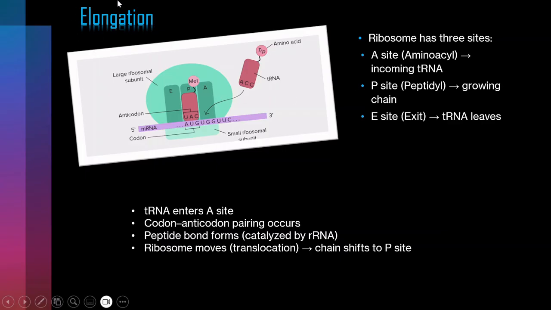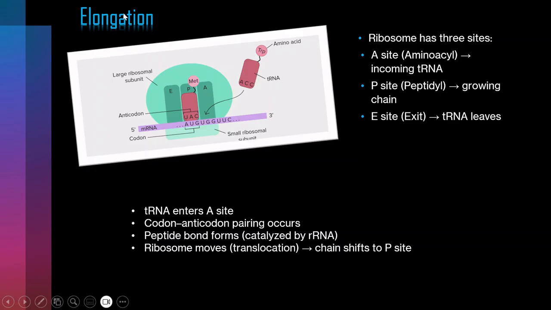In the second step, elongation, the ribosome mainly has 3 sites. The A site, which is the amino acid site, contains the incoming tRNA. The P site or peptidyl site contains the growing chain, and the exit site or E site is where tRNA leaves.